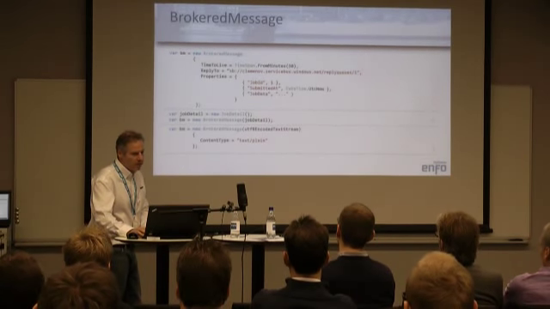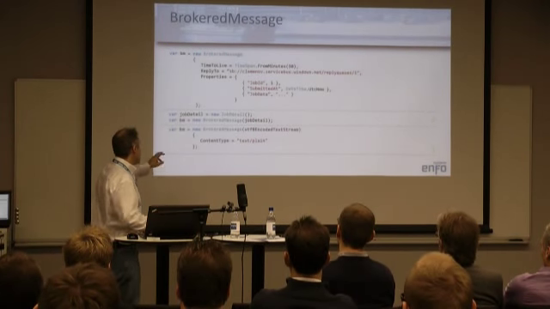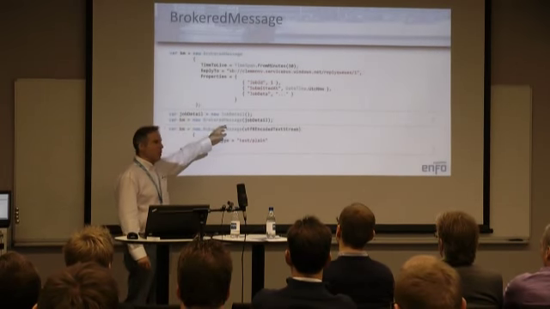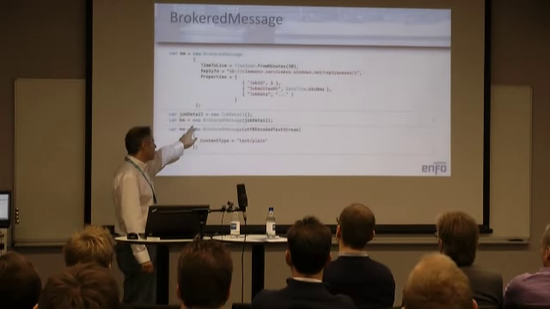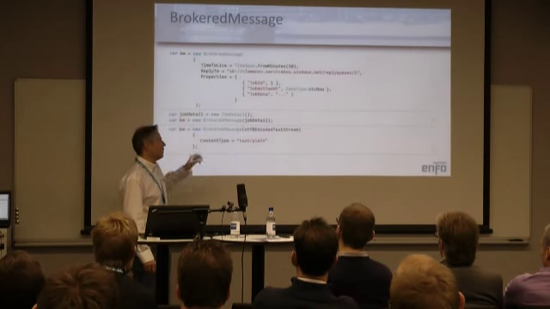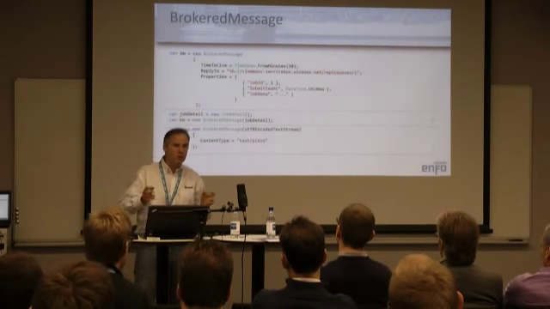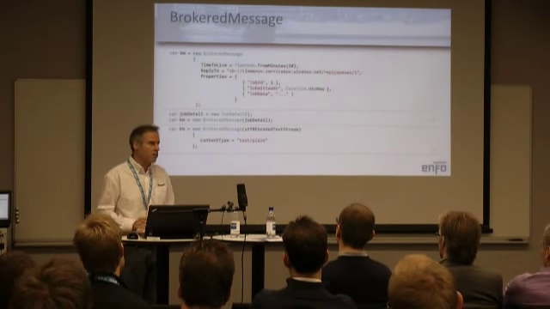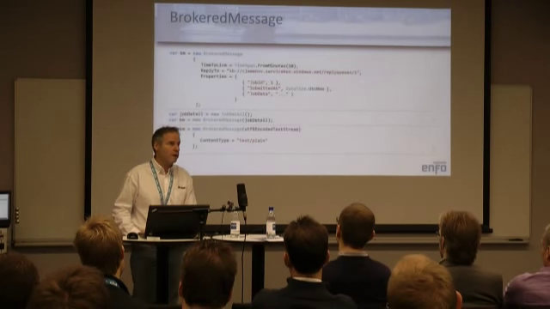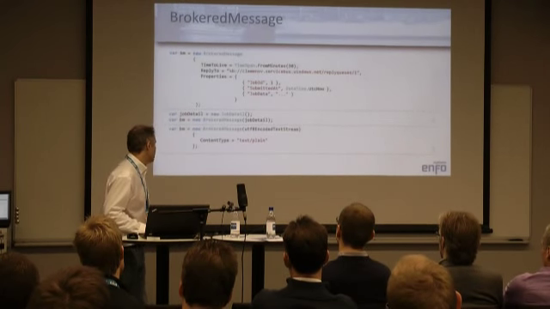In the second sample, I create a .NET object, and this time I specify my .NET object as the payload of the broker message. The only condition is that your .NET object, in this case the job detail class, must be serializable with the data contract serializer.